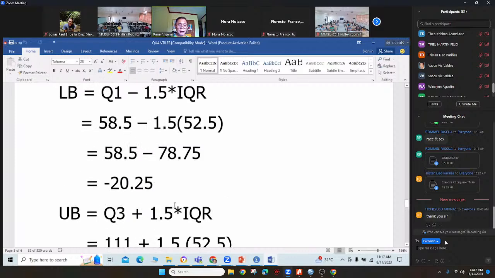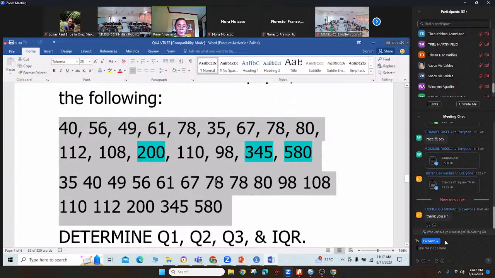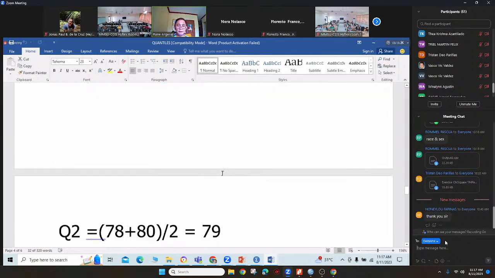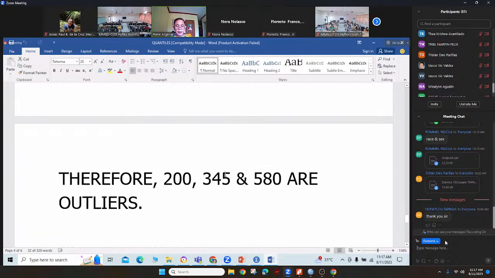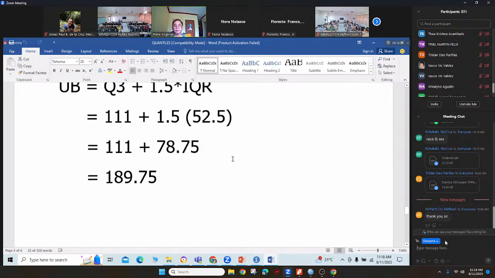Based on our data, this is the arranged data, there are three observations greater than 189. It means that 200, 345, and 550 are outliers. These values are very large compared to the other values.